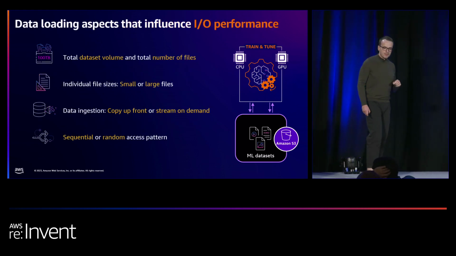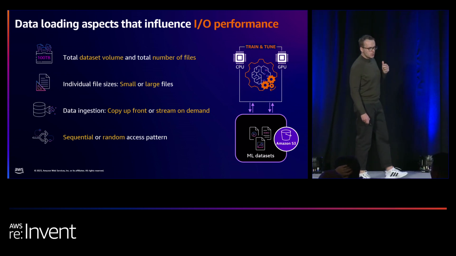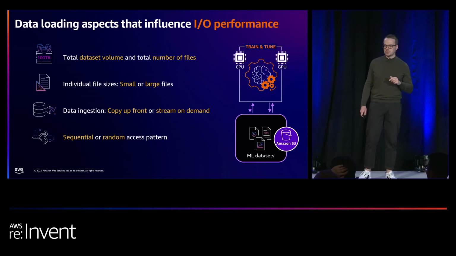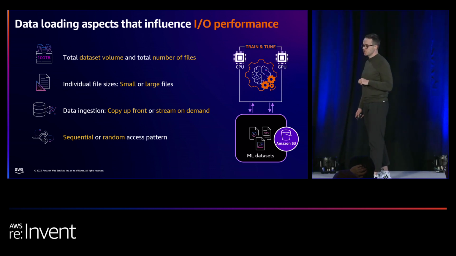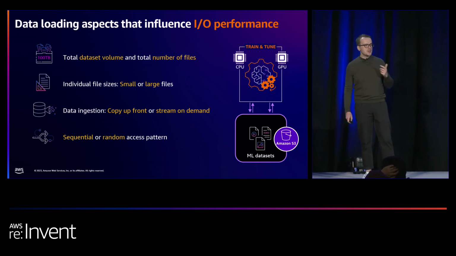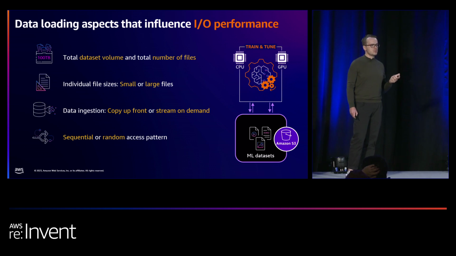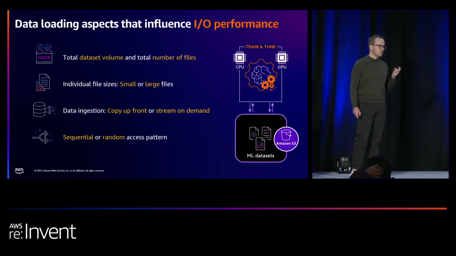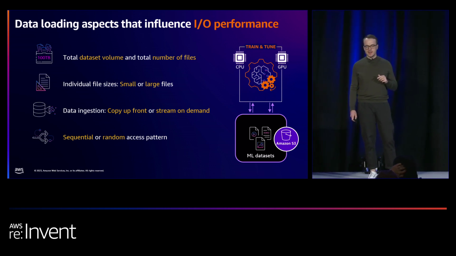Okay, so performance is really important, but which main considerations should you have in mind when you talk about this topic? First of all, naturally, it is the total amount of data that you have, the total data set size, and the number of files that your data set has.